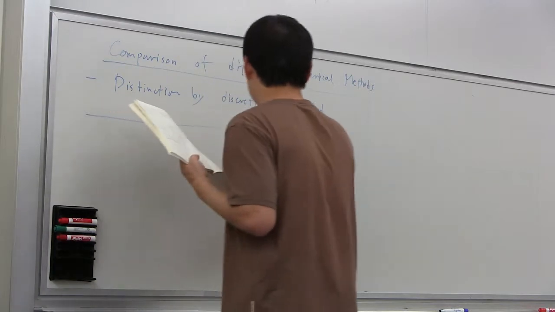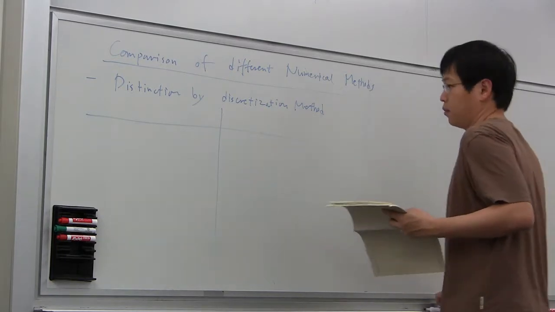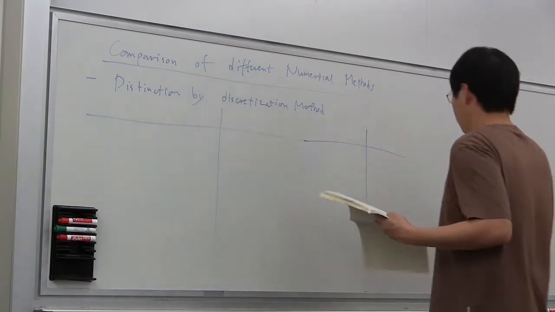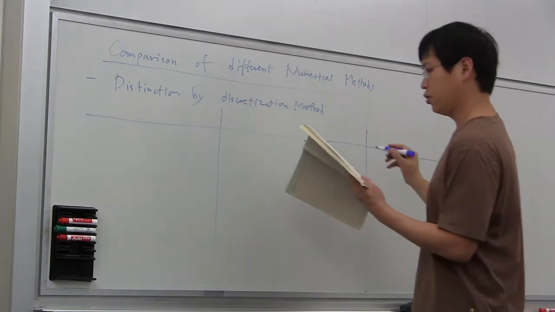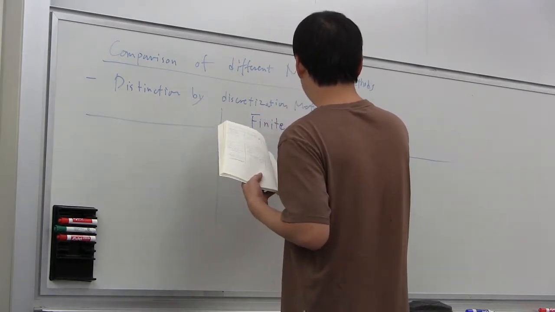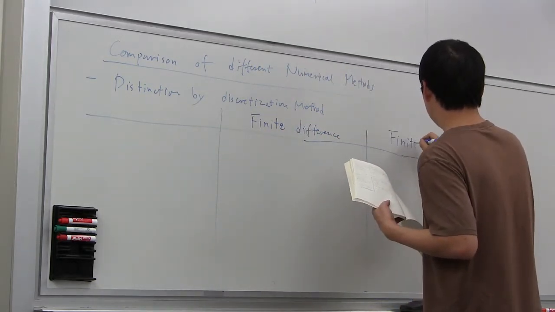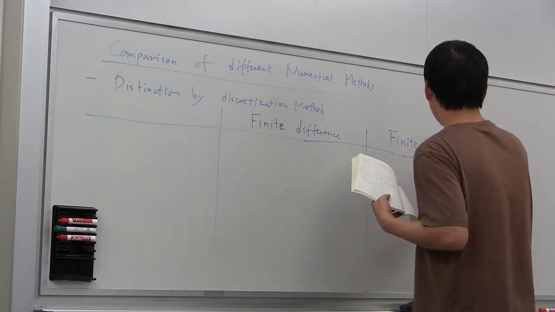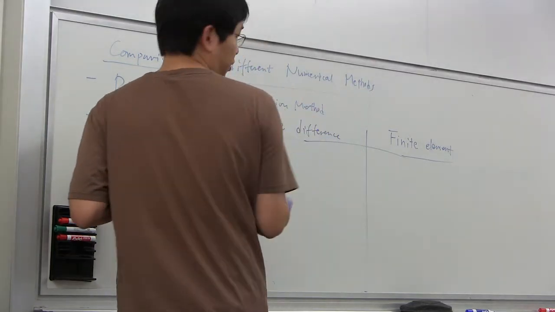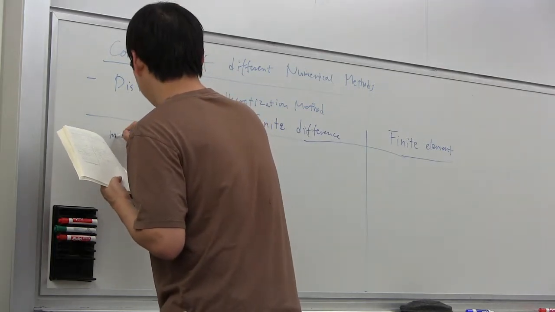So you have finite difference and you have finite element. By the way, these are not the only two ways to discretize the space, but they are the most common discretization methods. And the mesh style.